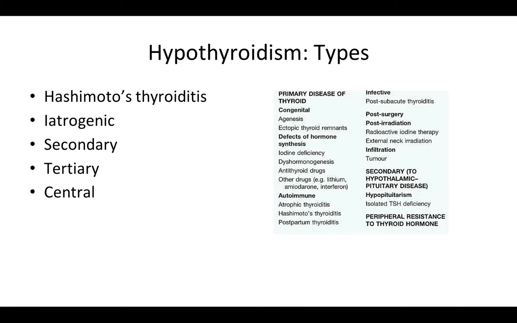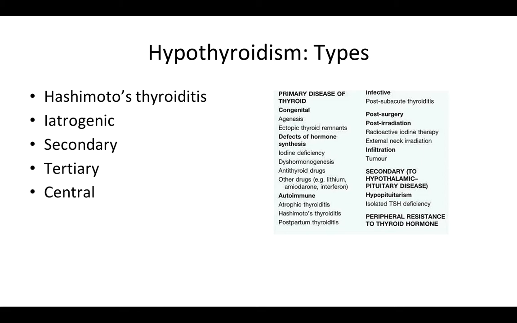Secondary hypothyroidism is caused by a failure of the pituitary. So if the pituitary will not secrete enough TSH, then the thyroid doesn't know that it needs to make thyroid hormone. And then finally, tertiary hypothyroidism is a failure of the hypothalamus to secrete thyrotropin-releasing hormone, or a failure of the TRH to activate its receptors in the pituitary.